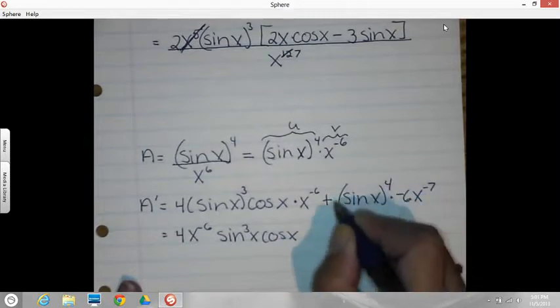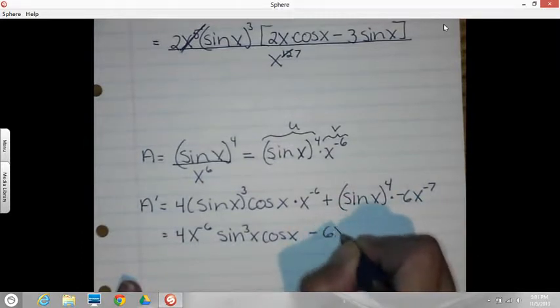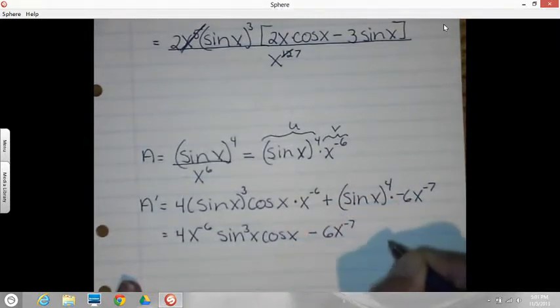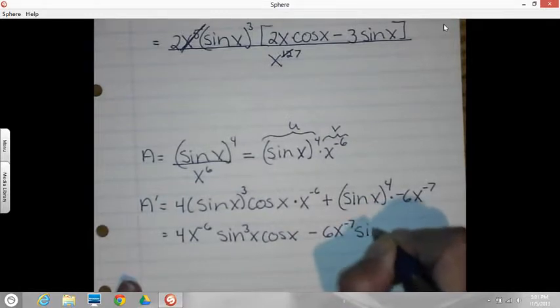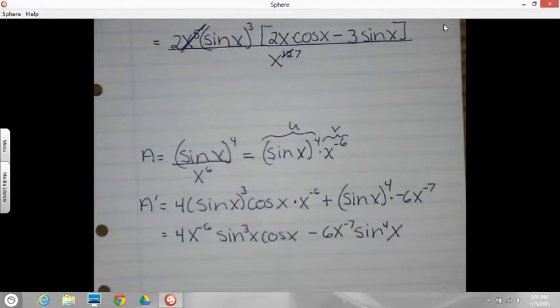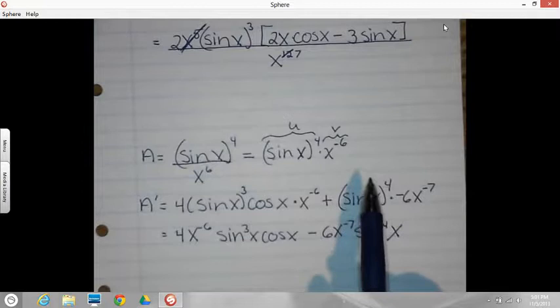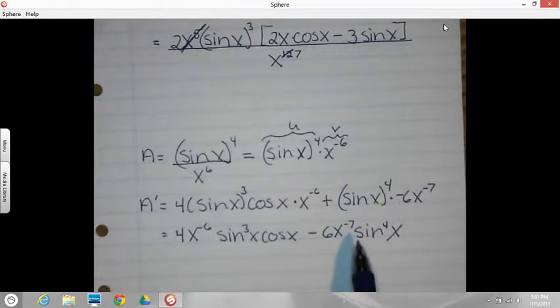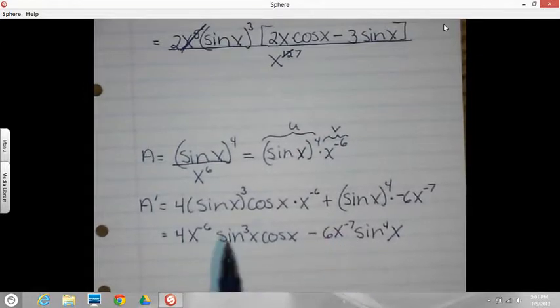Here, I'm going to bring this to the front: minus 6x to the negative 7 times sine to the fourth x. Okay, can I make, let's see, which one do I want to change here? I'm going to change this one, I think. I'm going to make this one a fraction, because I've got a negative exponent here that I can factor out.